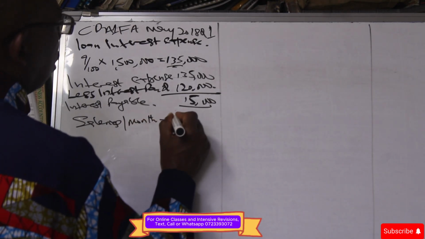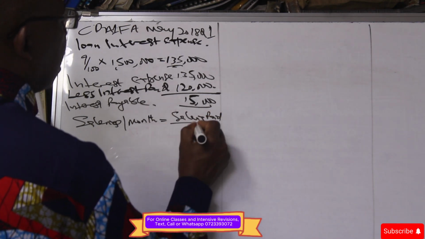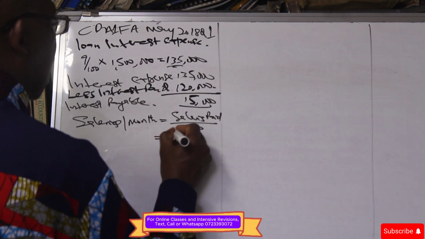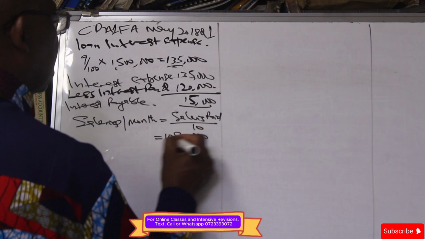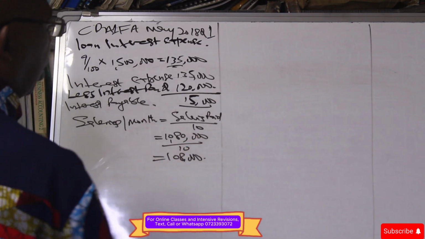Salaries per month is salaries paid divided by 10, so 1,080,000 divided by 10 is 108,000. That is the monthly salary.